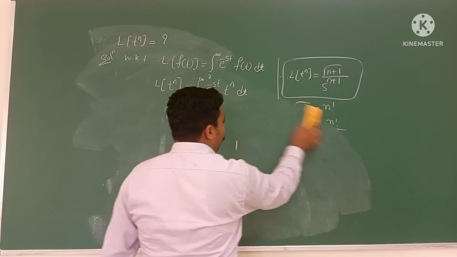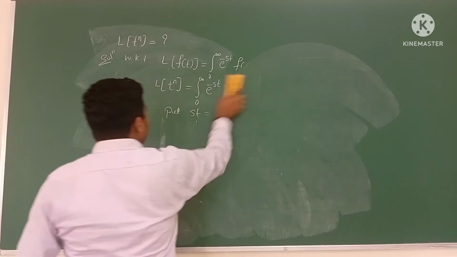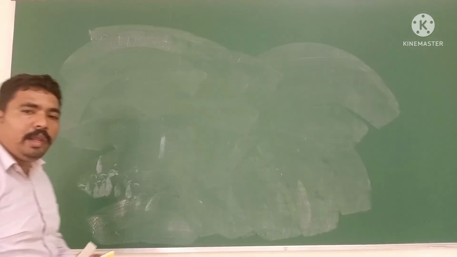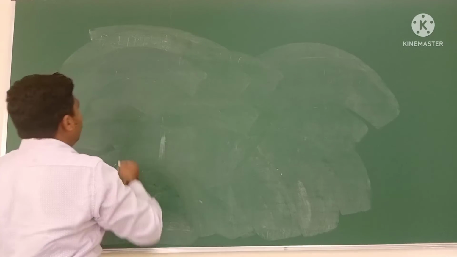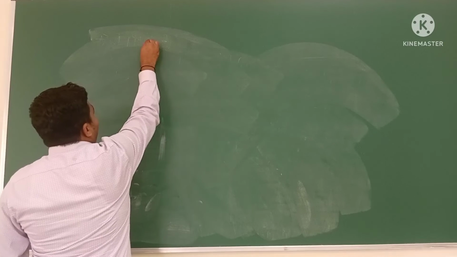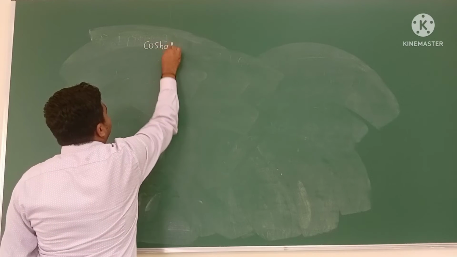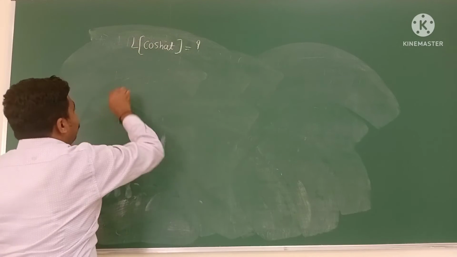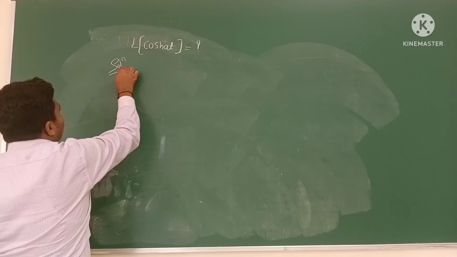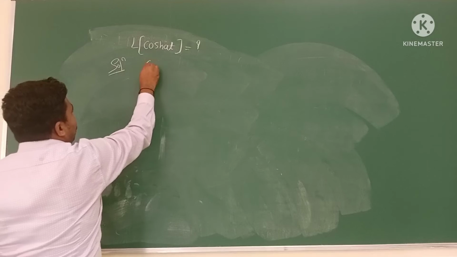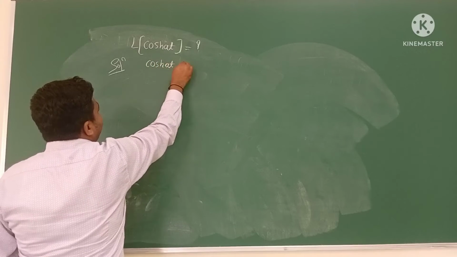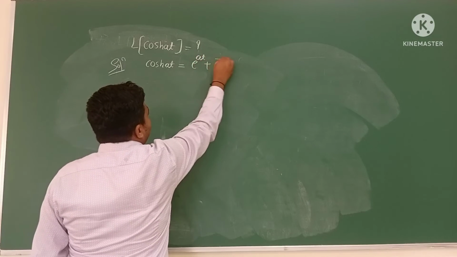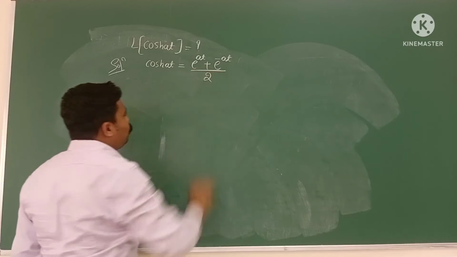Then two more formulas I am going to derive, that is hyperbolic functions, because they also play a very important role in simplification of problems. So what is a hyperbolic function? Say cos hyperbolic at. I wanted to find out the Laplace transform of cos hyperbolic at. First, I should know what cos hyperbolic at is in terms of exponential terms. That is e power at plus e power minus at divided by 2.